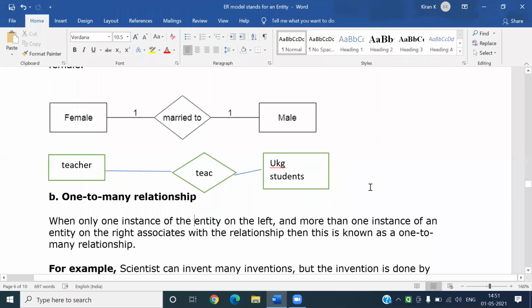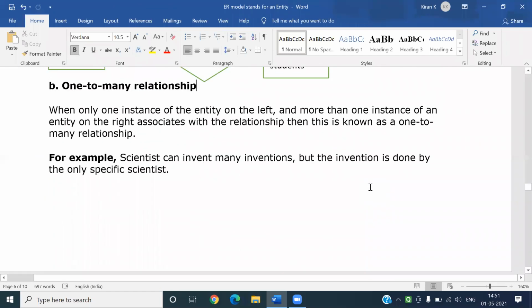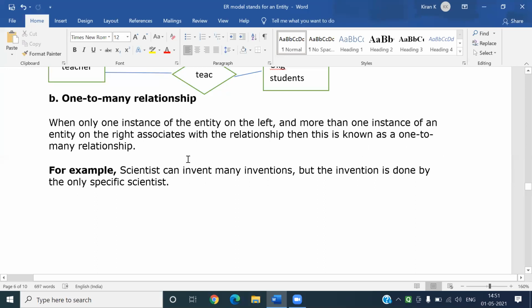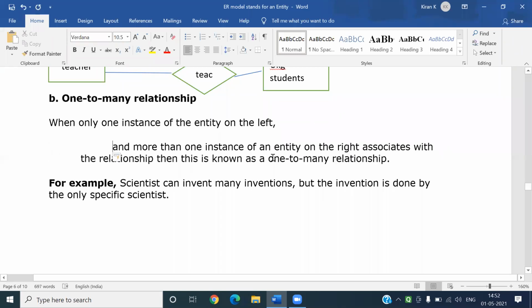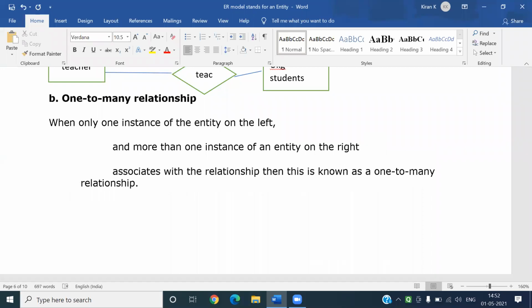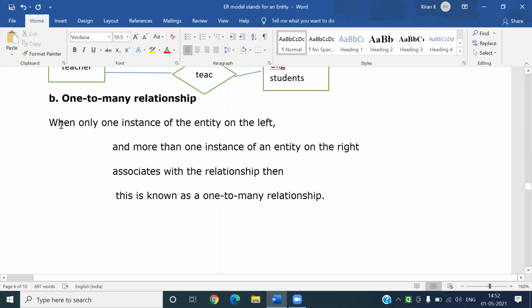When only one instance of the entity on the left, and more than one instance of an entity on the right are associated with the relation, then this is known as a one-to-many relationship.